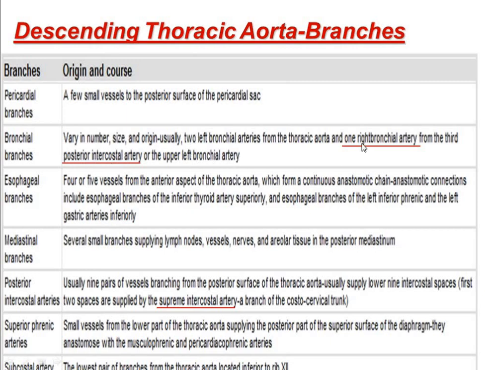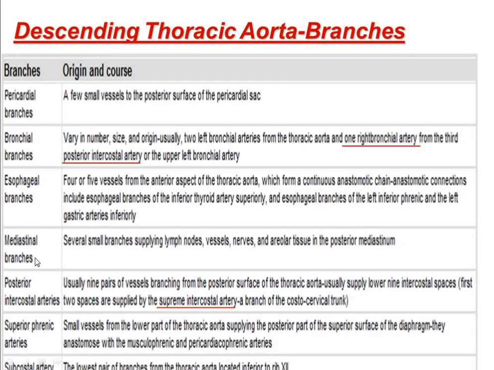So the right bronchial artery is not coming directly from the descending aorta, but by the third posterior intercostal artery, which is again a branch of the aorta. Then it gives 4 to 5 esophageal branches, which will supply the thoracic part of the esophagus.